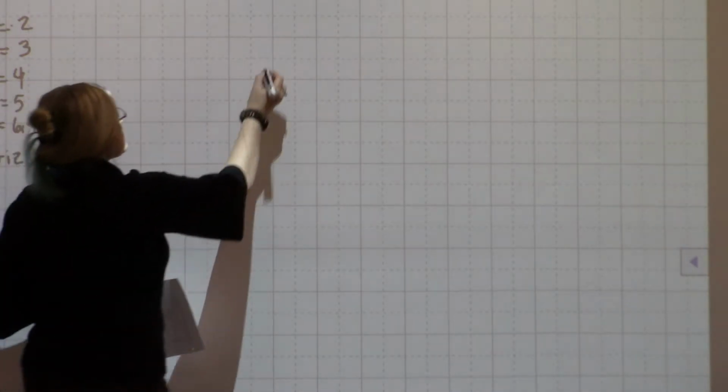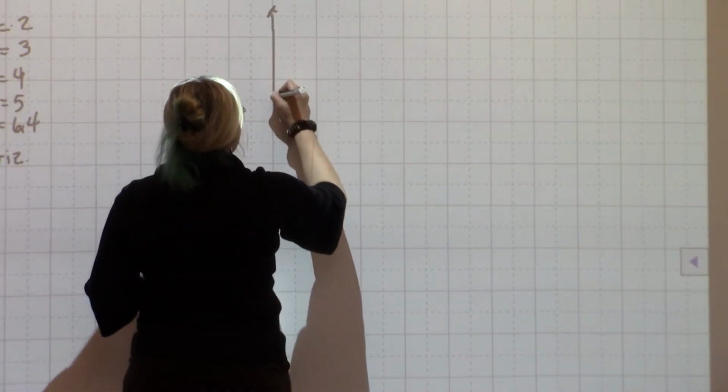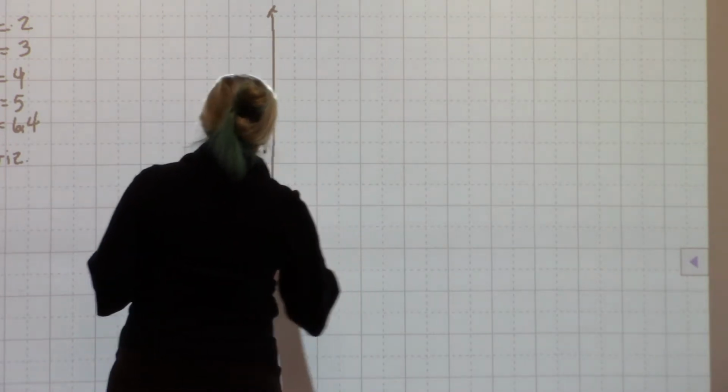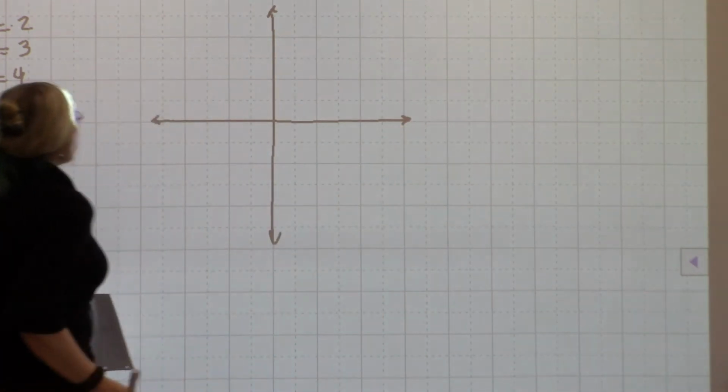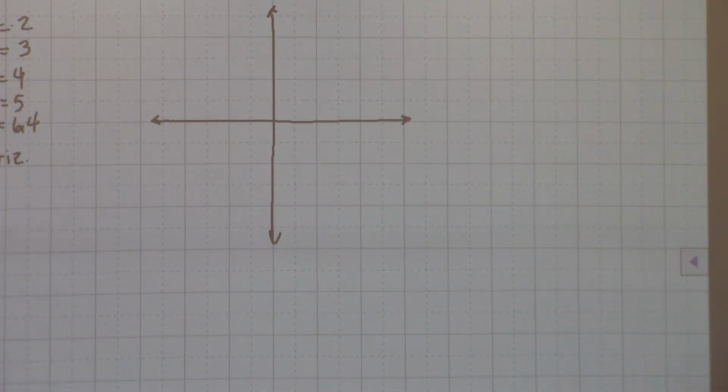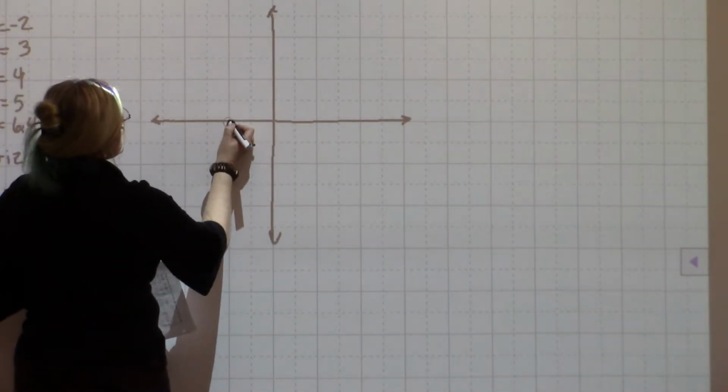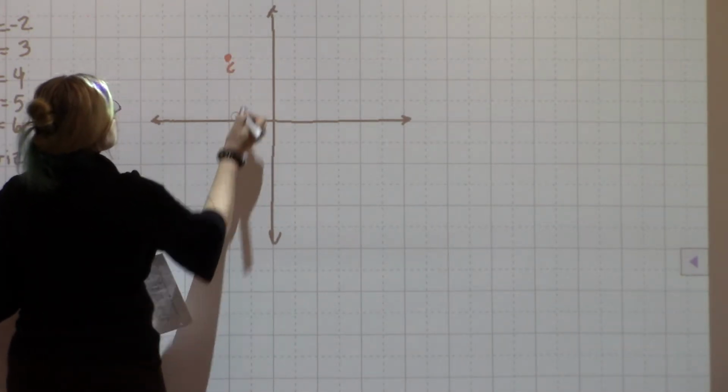X. So let's graph this thing fairly quickly. I want to move on. All right, so the center is at what? -2, 3. -2, up 3, here's my center.